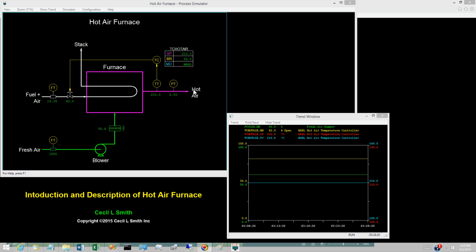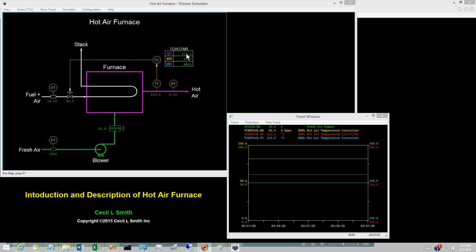The furnace must supply hot air at the desired temperature. The temperature control loop adjusts the fuel valve opening so that the temperature of the hot air is maintained at or near its desired value. The loop must respond to changes in the set point or target for the hot air temperature.